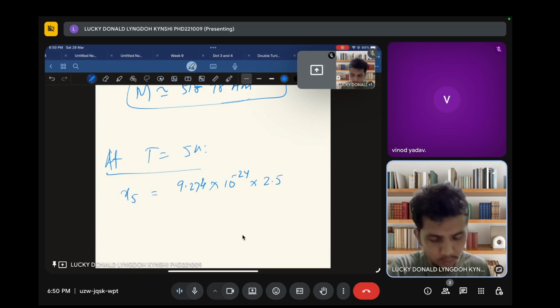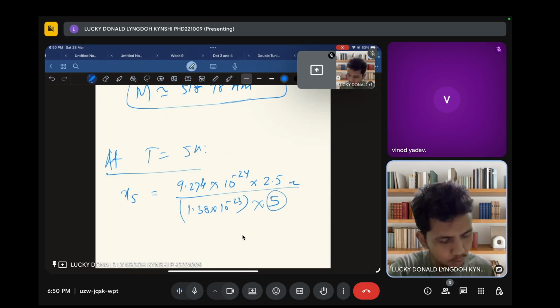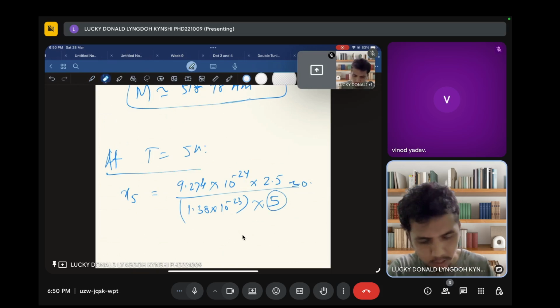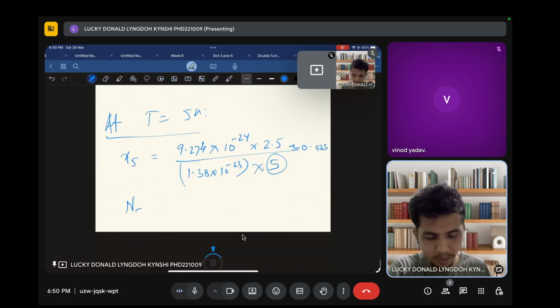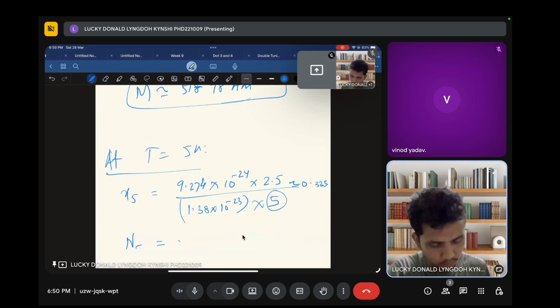Use the same formula, okay? μB by kT, 1.38 into 10 to the power minus 23 into 5 Kelvin. Here temperature is equal to 5. This is approximately equal to 0.335. So once you know this x5, you do the same thing. You substitute back in n minus. You will get approximately 5.83.